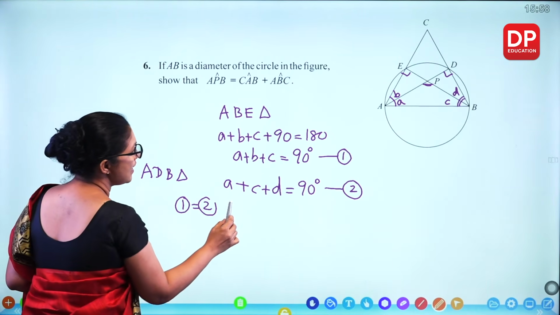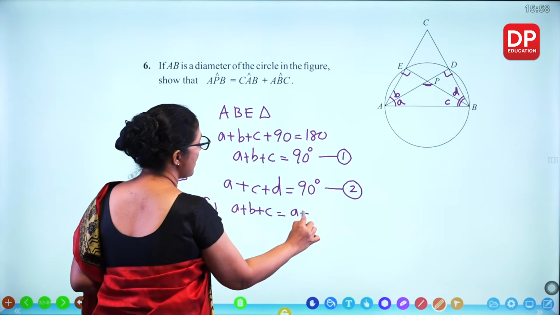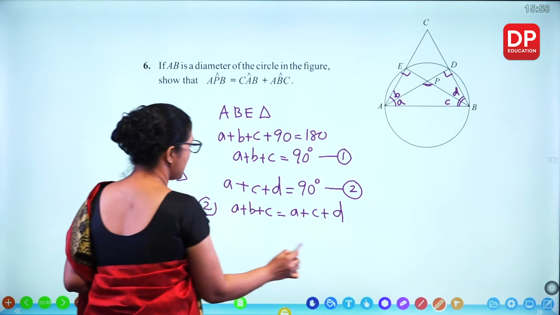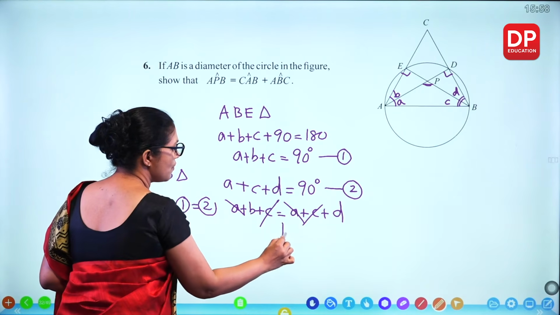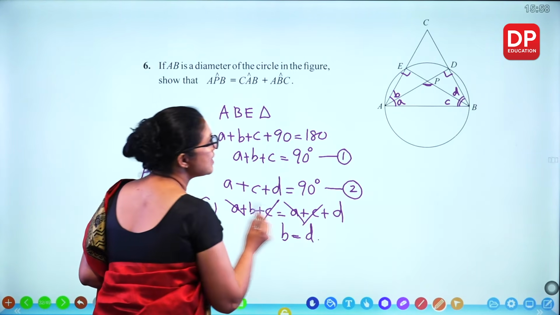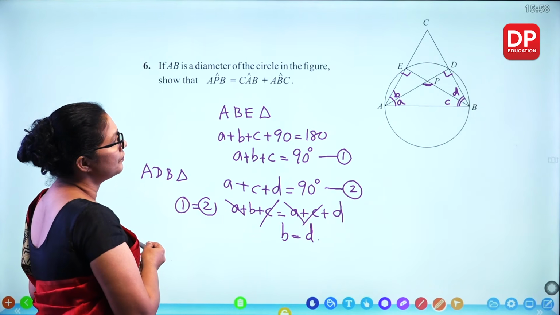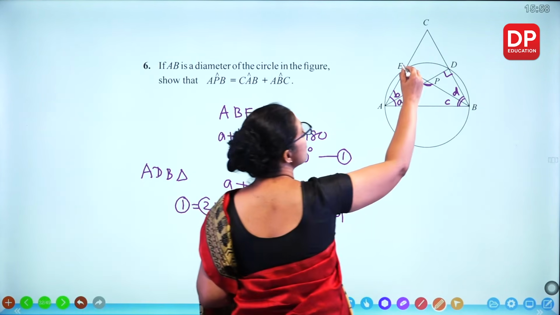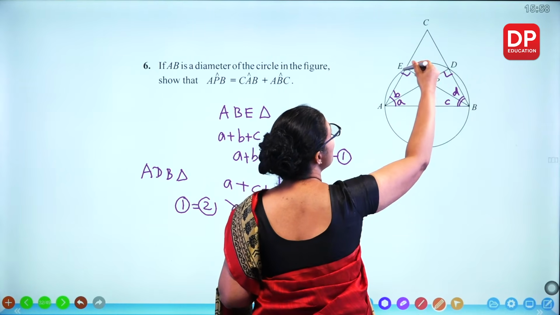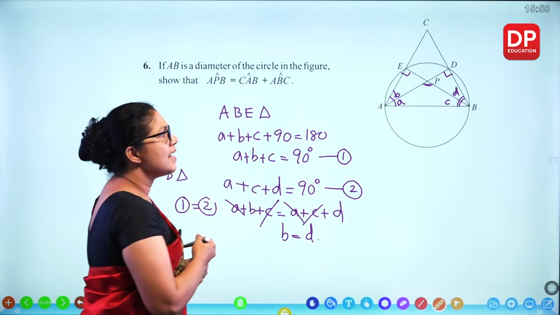We can say A plus B plus C is same as A plus C plus D. A gets cancelled out and C gets cancelled out. B equals D. And we can easily get that from same segment angles. Same segment angles are equal.